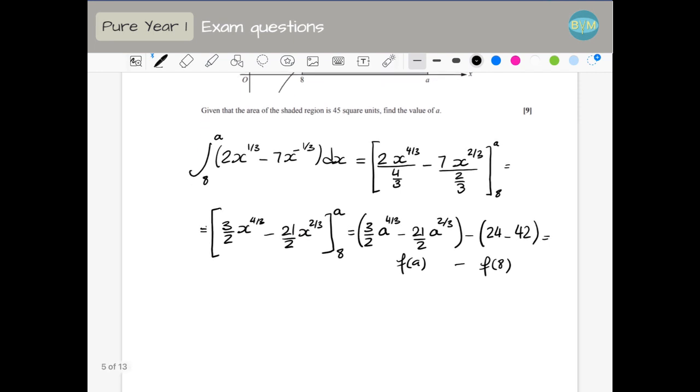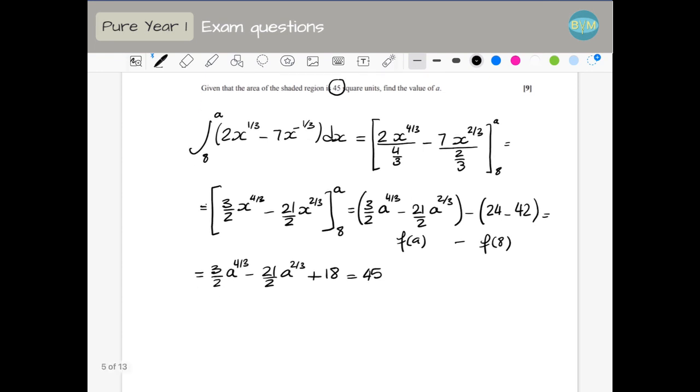I cannot do much with the A, so I leave 3/2 A to the power of 4/3 minus 21/2 A to the power of 2/3 minus 42. Minus 24 minus 42 is minus 66? No: the constant comes to minus 18, and with a negative at the front it is plus 18. So plus 18 is going to be equal to the area, which is 45.